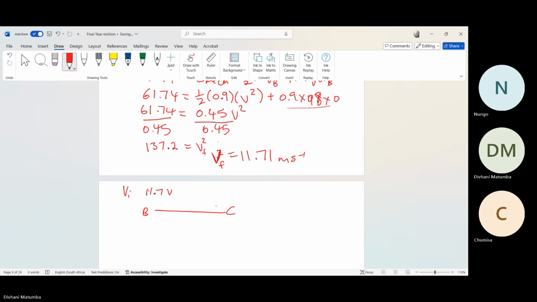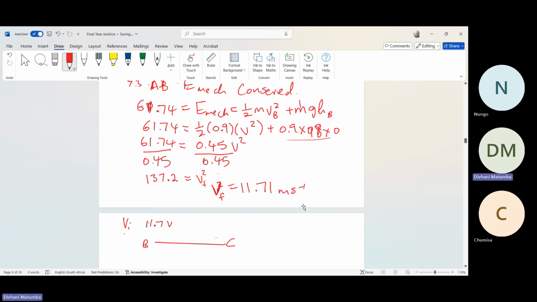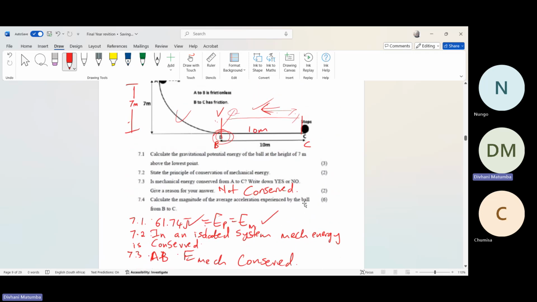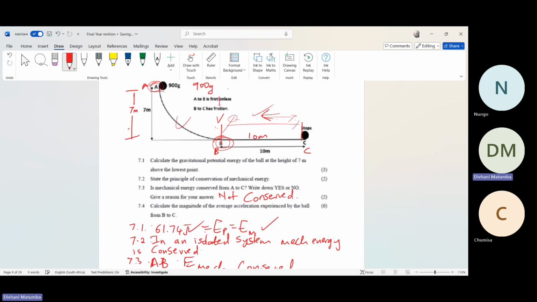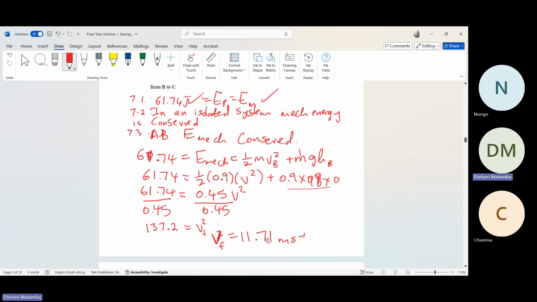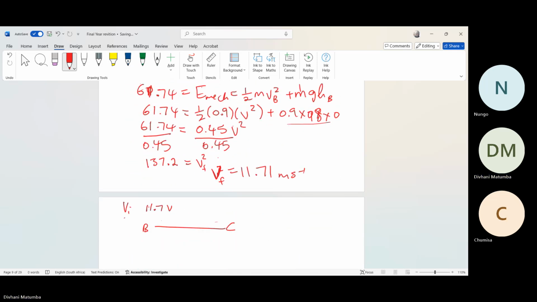And for the change in displacement, we need to choose the reference point because we are dealing with vectors. If I choose point B to be my reference point, I am going to have initial displacement as 0.